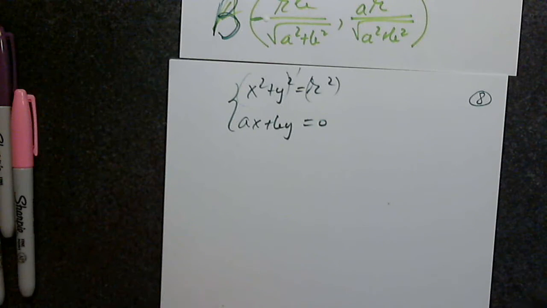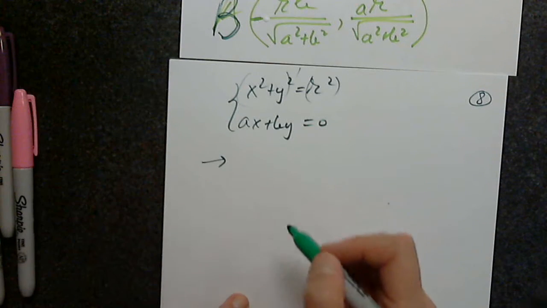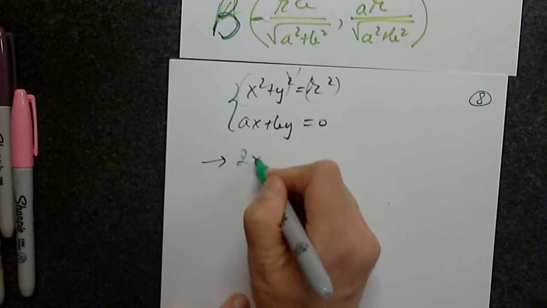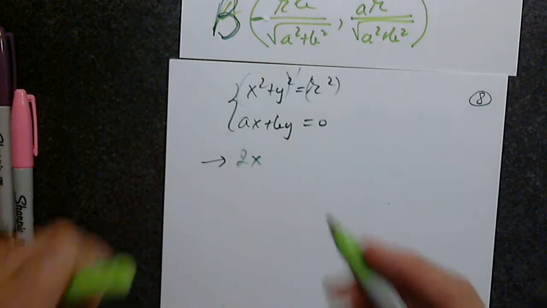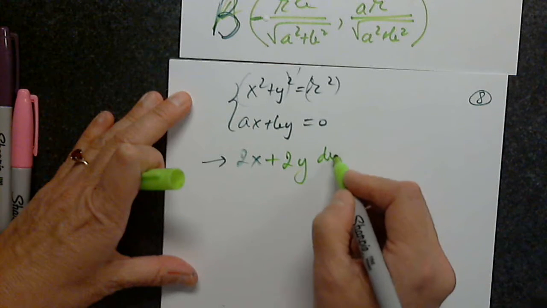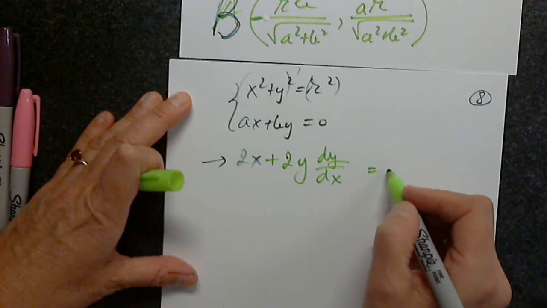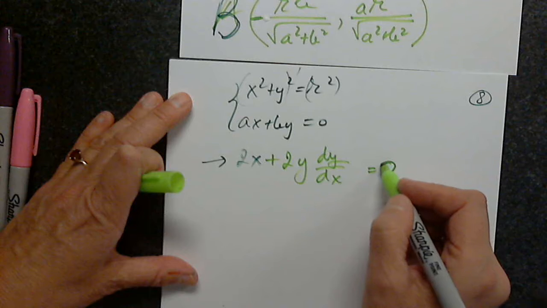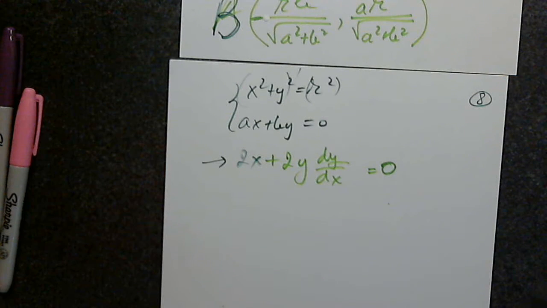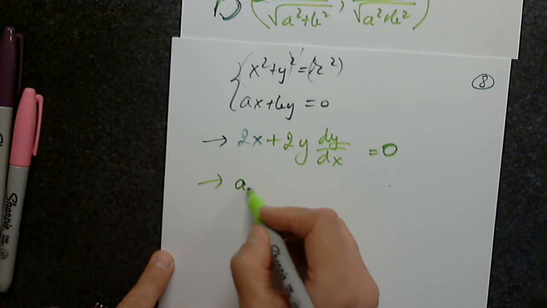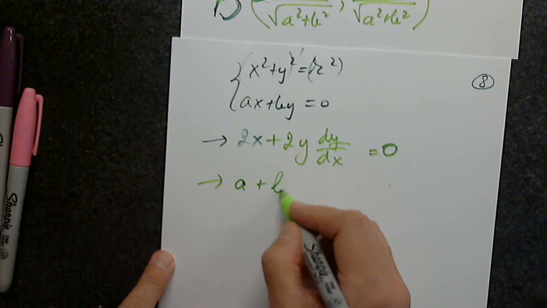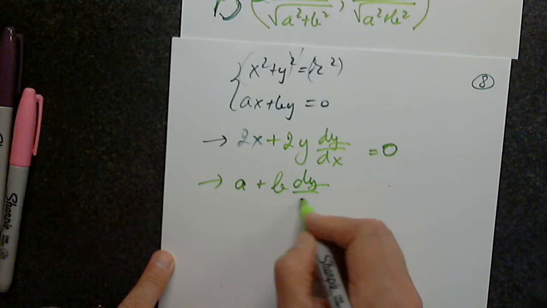Can anyone dictate for the first one? 2x, very good, plus 2 dy over dx, awesome. And the right-hand side is 0, because a, b, and r are constants. Very good. The second one, please. A plus b dy over dx.